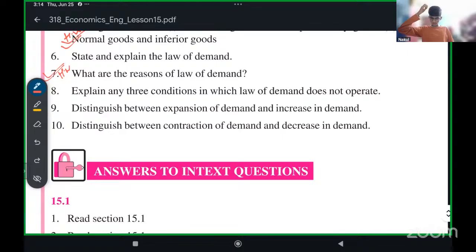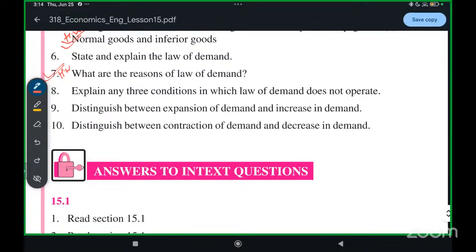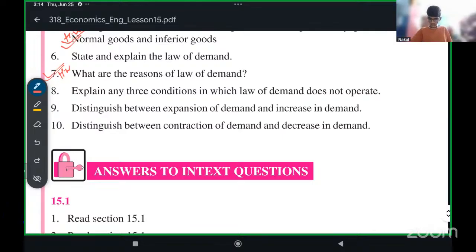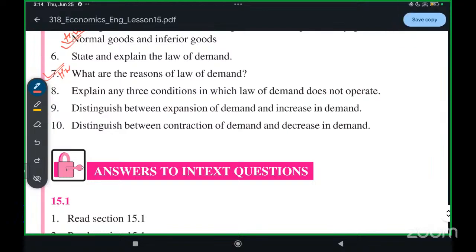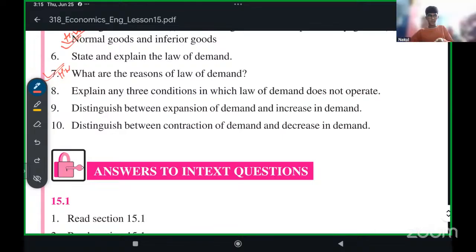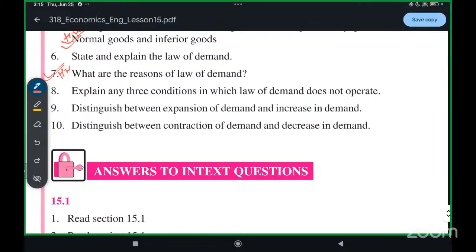Status symbol goods are like diamonds, gold, and jewelry. Necessities are salt, wheat, and things we need to survive. The law of demand does not affect those types of goods. Yes, that is right.